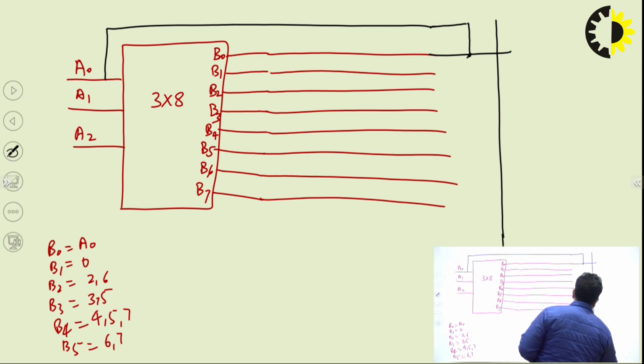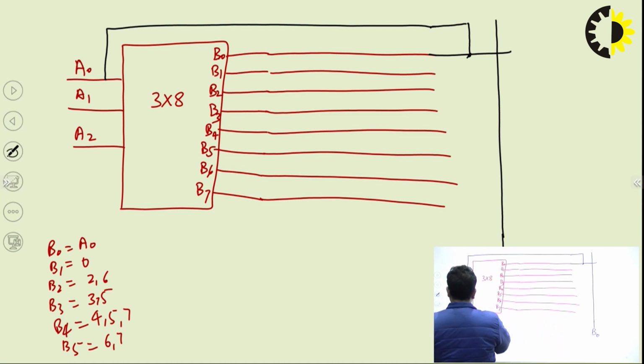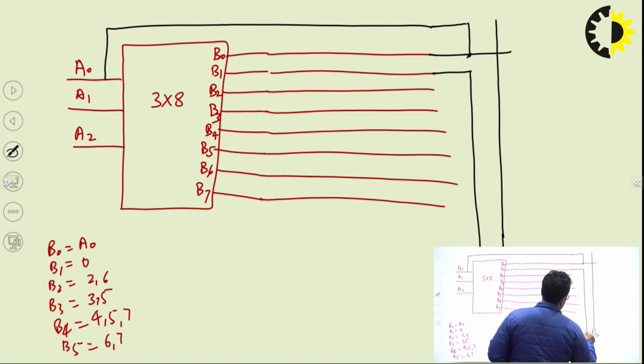Similarly, we are having B1, which is continuously attached with the 0. That means it is grounded. So B1 is continuously grounded. That means logic 0.